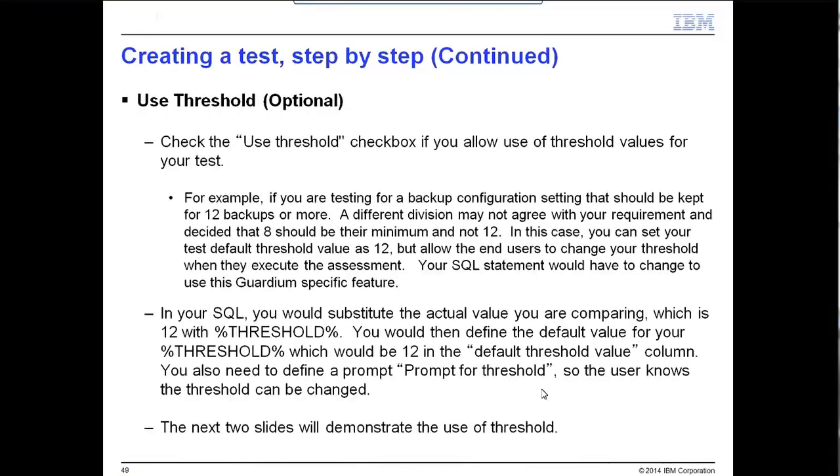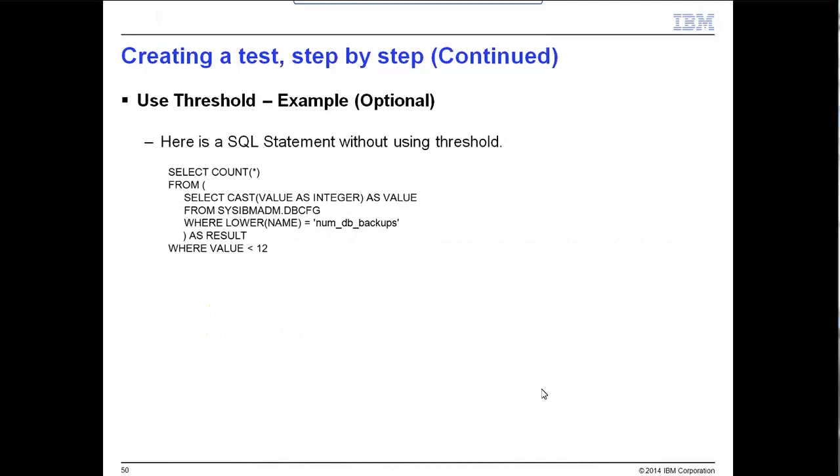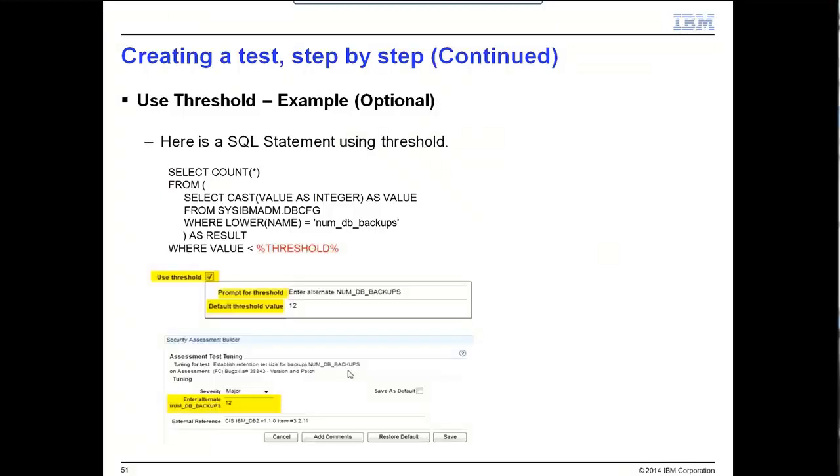However, on the slide here, I actually gave you a very good example of what a test looks like. We're checking for a scenario where you're looking at the number of backups on the system that is 12 or less, right? So rather than hard coding a value, you can do something like that.